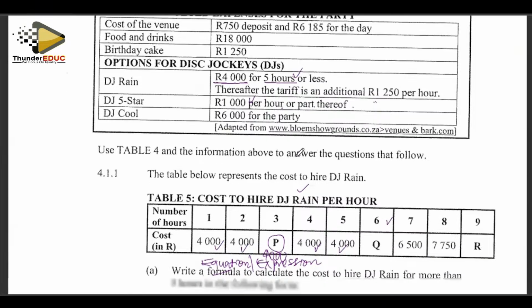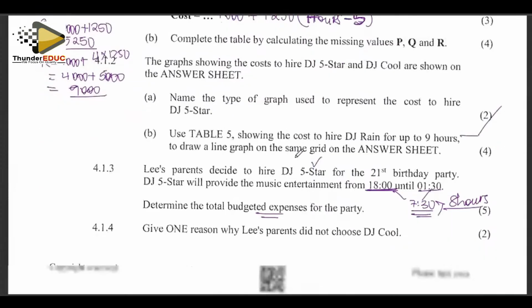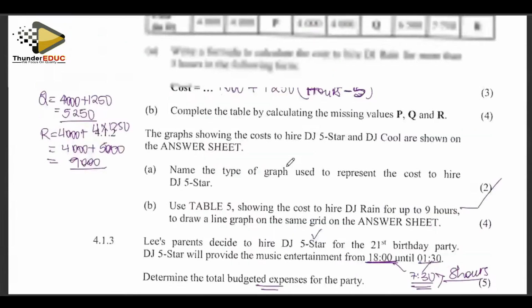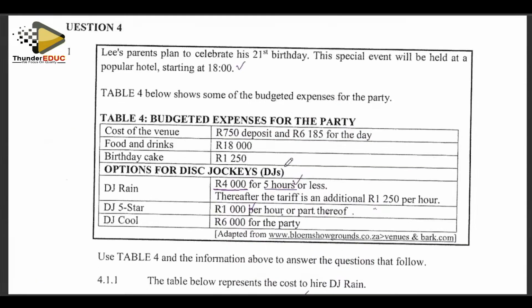All right, now, expenses, that's what we are looking at. How much are the budgeted expenses? First and foremost, we are supposed to look for the hours. It's going to start from 12 to 1 to 1:30. When you do your calculations, you find 7 hours, 30 minutes.